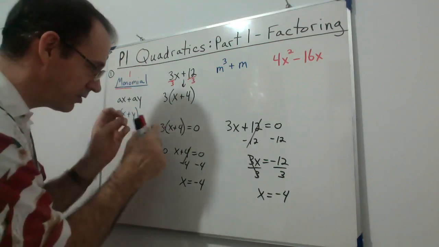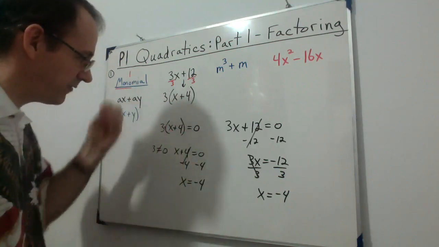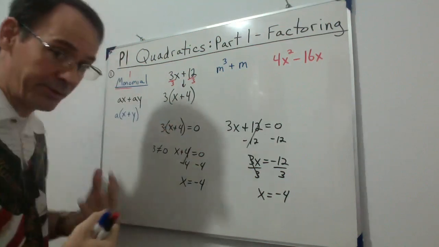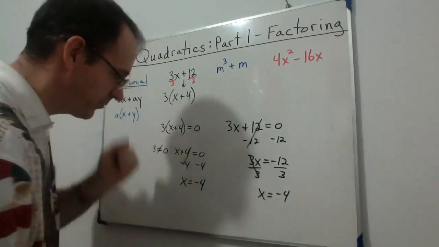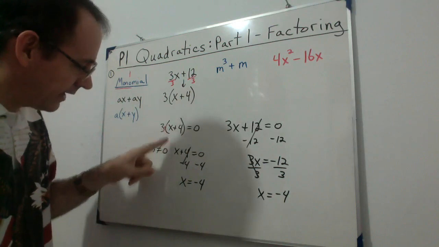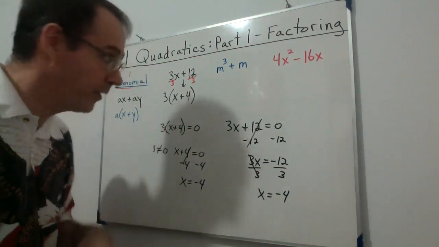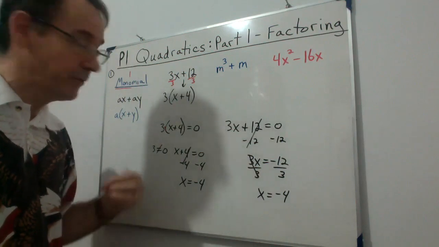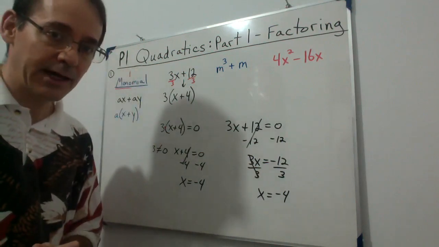The only way you can multiply and get 0 is if the 3 is 0 or if the x plus 4 is 0. Obviously, the 3 is not 0. It means the x plus 4 has to be 0, which means in order to get 0 here, x has to be -4. That is what gives you the solution to that particular problem.